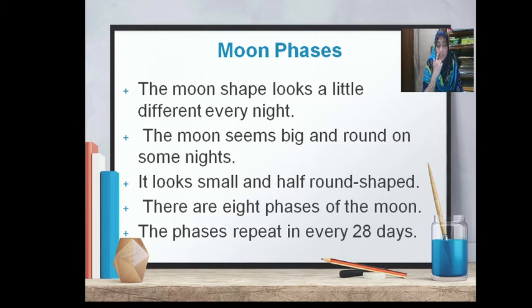Dear students, you can see a picture of the 8 phases of the moon in your textbook page number 57. Dear students, you can see the image of the 8 phases of the moon.